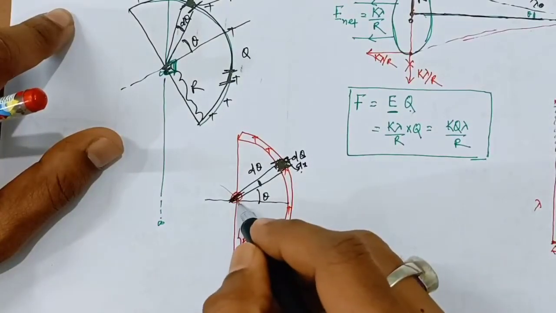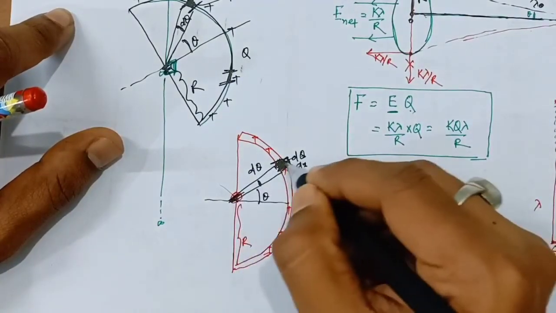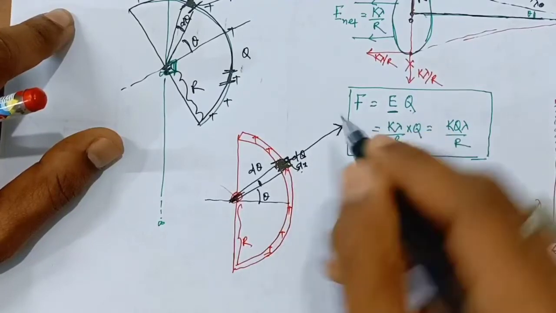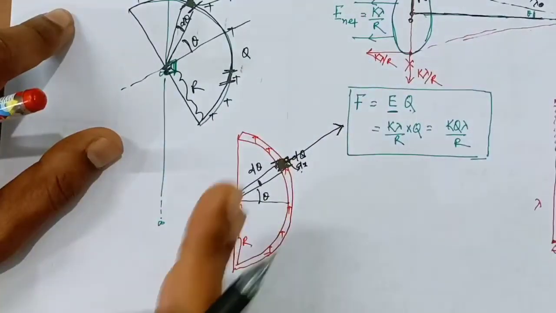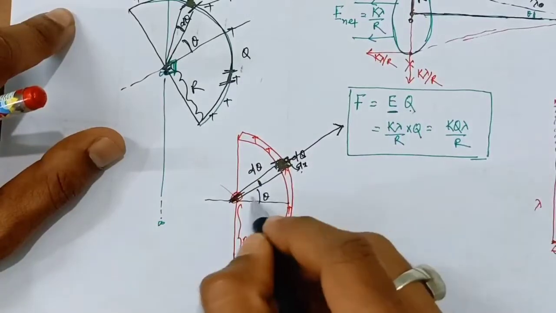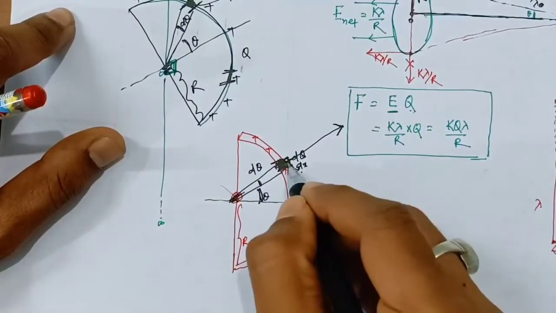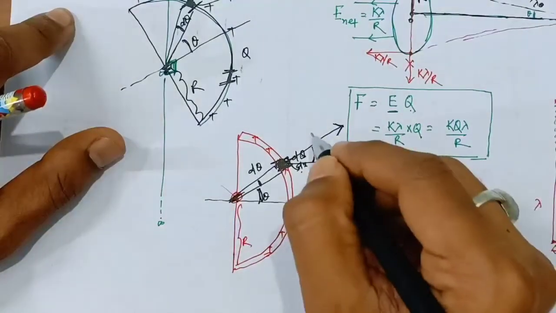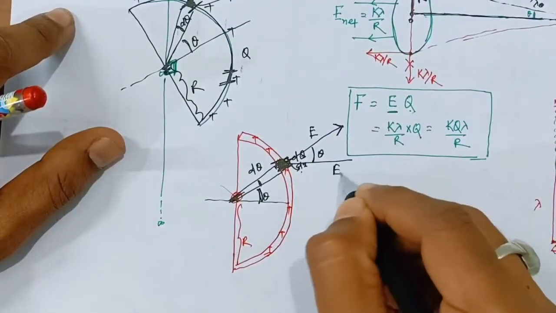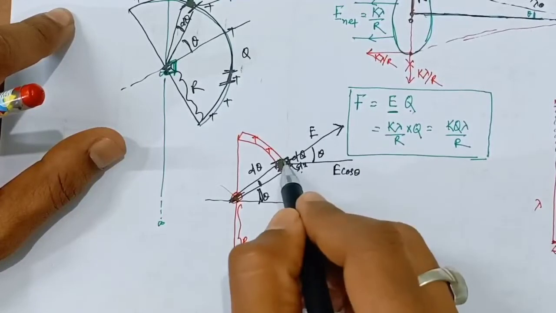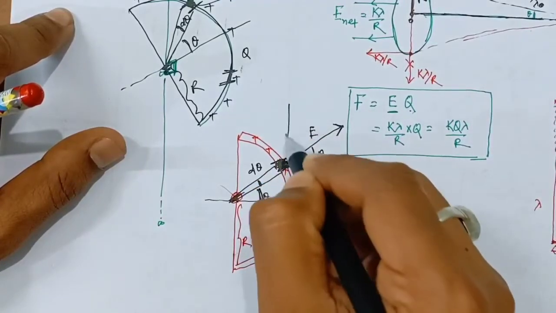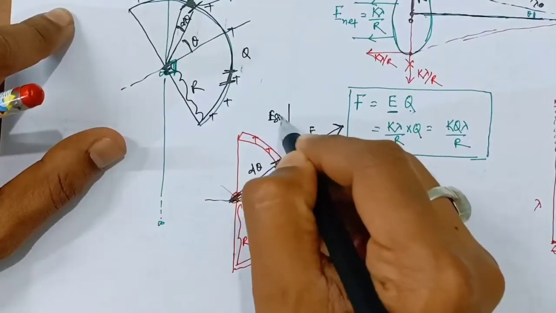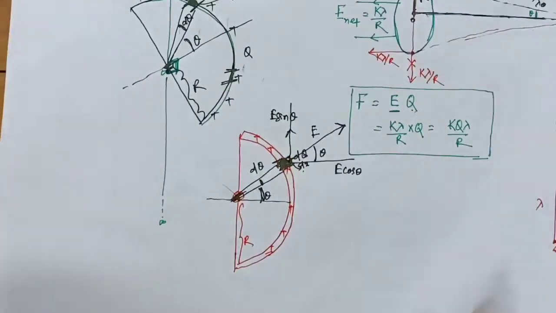The expression of electric field will go like this. If you observe carefully, if this angle is theta, definitely this angle is theta. If this is E, so this is E cos theta, and this perpendicular component is E sin theta. I hope this scenario is clear.